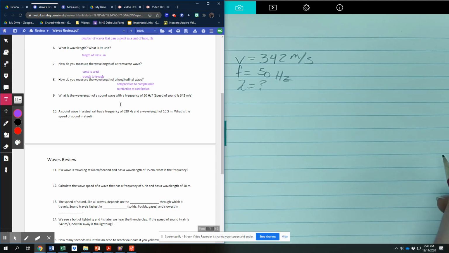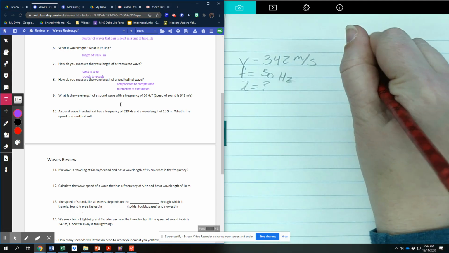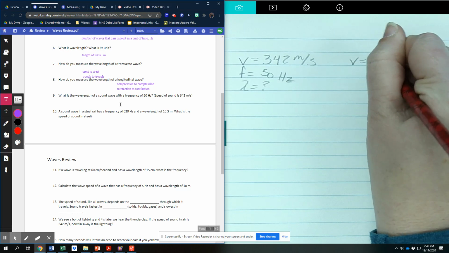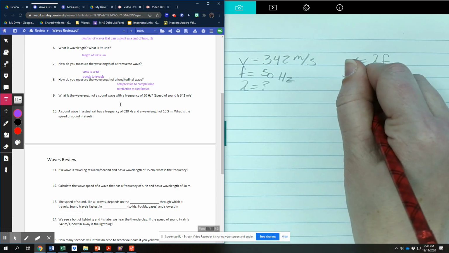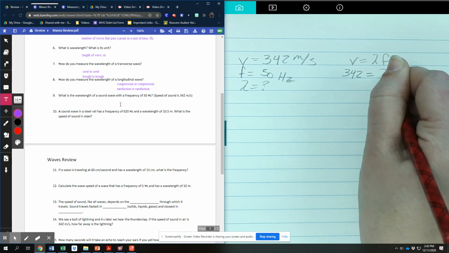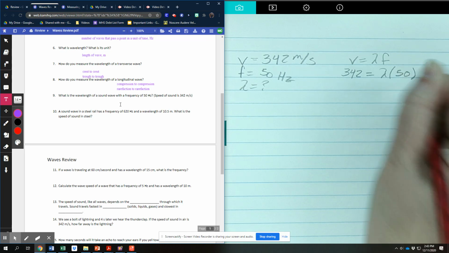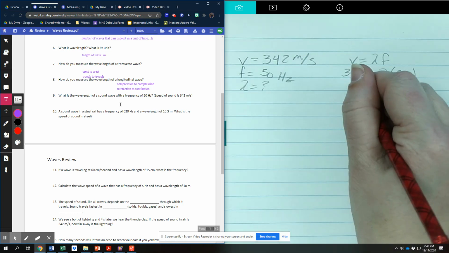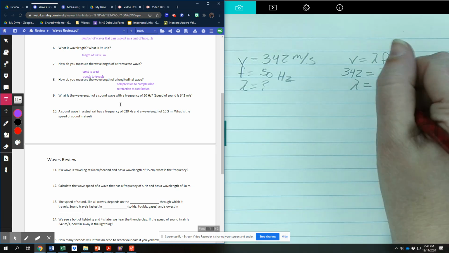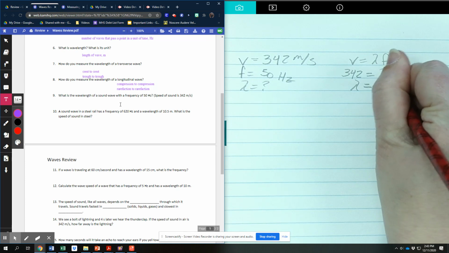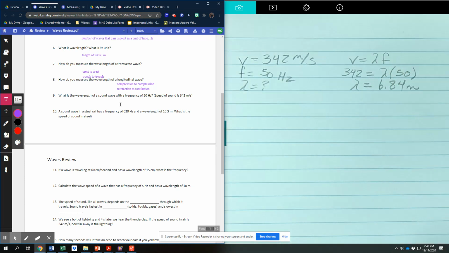Well, wave speed is wavelength times frequency. So we're going to divide both sides by 50. And we see our wavelength is 6.84 meters.